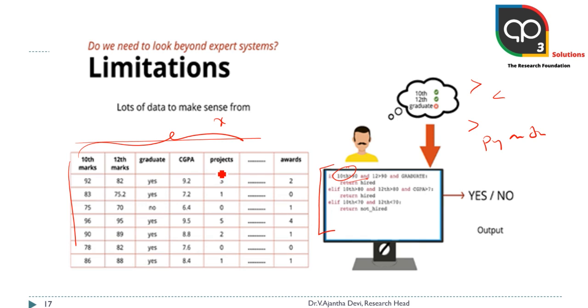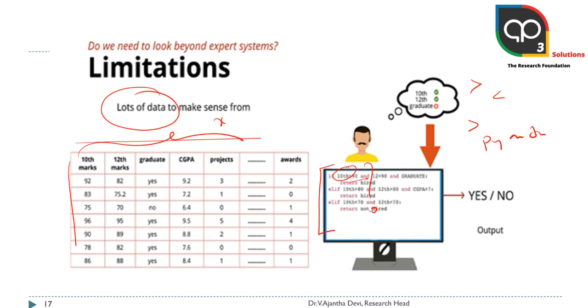This leads to a lot of data, which becomes very hard for you to make sense of. Now just try this exercise: given such data, how do you even start writing these if and else conditions? How do you relate the experience of C or Java or Python, or the CGPA, or the connections between the CGPA and the 10th grade marks?